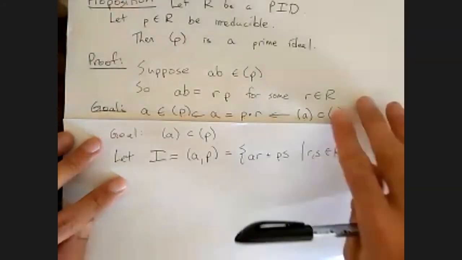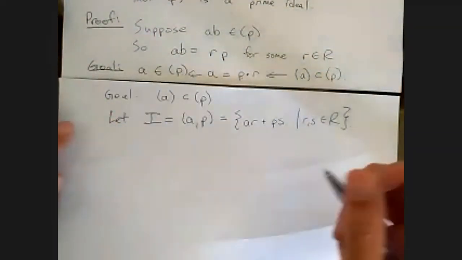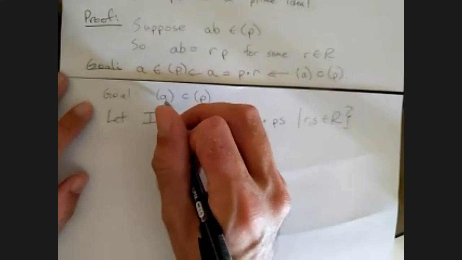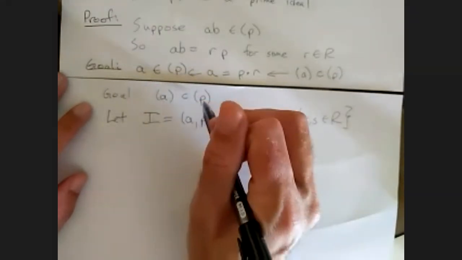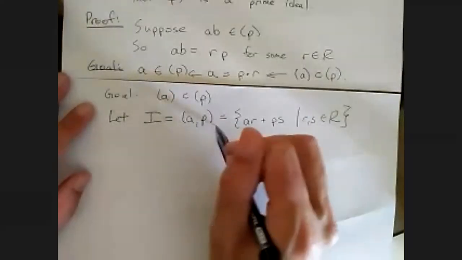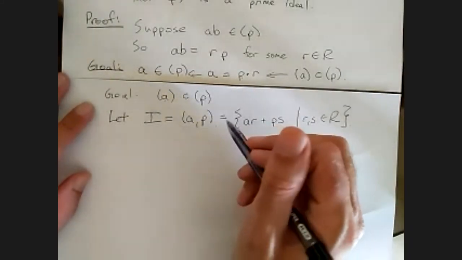Okay, and let's keep in mind our goal. If our goal is that the ideal generated by A is contained in the ideal generated by P, well, if that's true, then this ideal is just equal to the ideal generated by P.